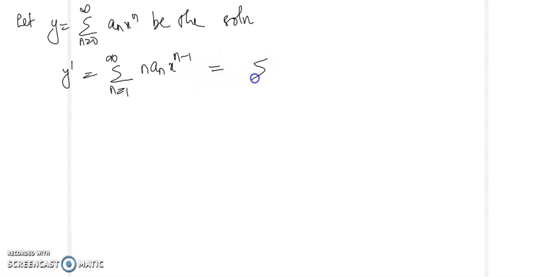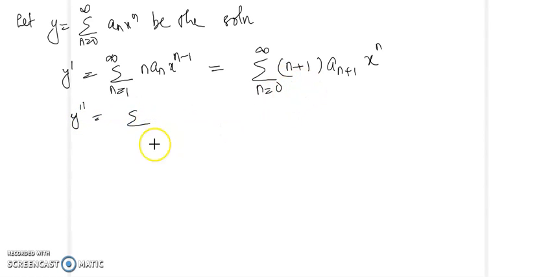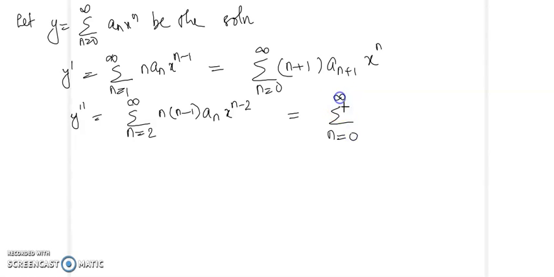So this will be equal to summation n equal to 0 to infinity n plus 1 a n plus 1 x raised to n, and y double dash will be summation. Again, if you differentiate this, that is summation n equal to 2 to infinity n into n minus 1 a n x raised to n minus 2. So if you start with 0 to infinity, you will get summation n equal to 0 to infinity.